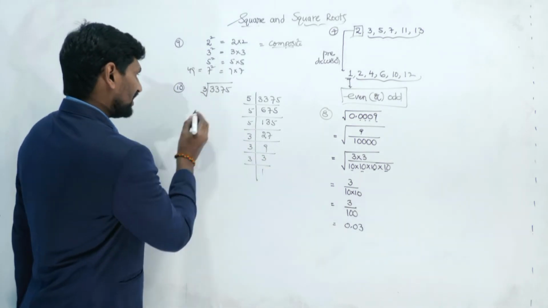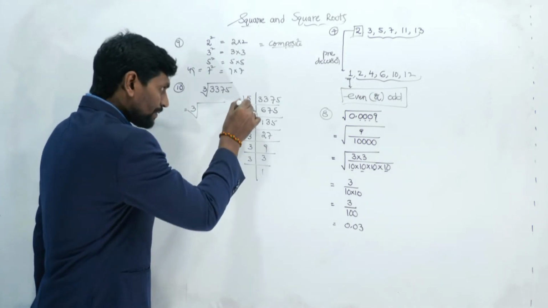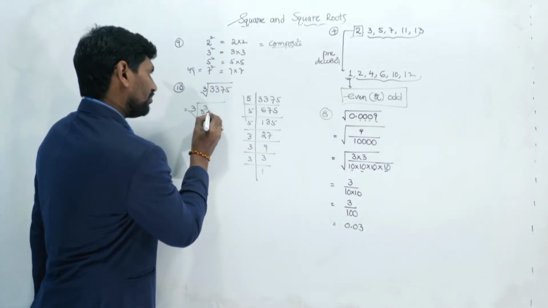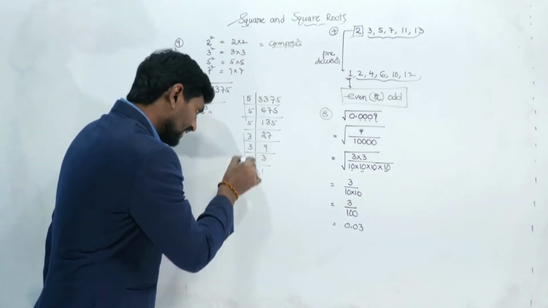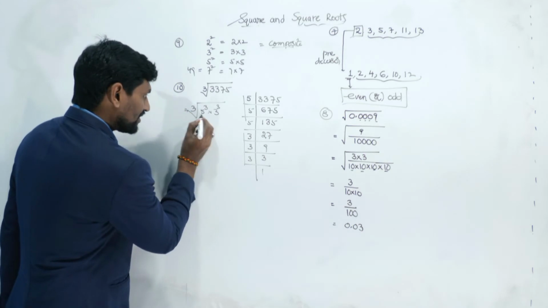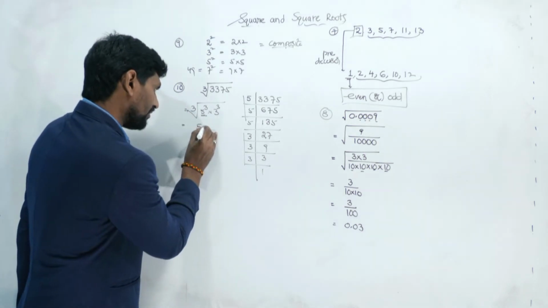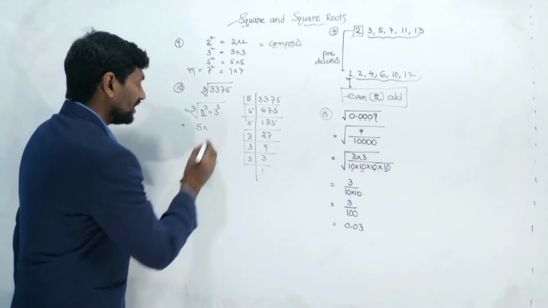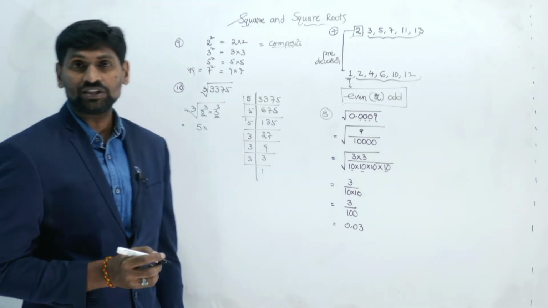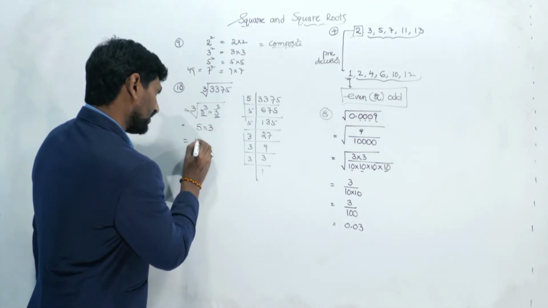So here in 3375, 5 is presenting 3 times, I can write 5 cube. 3 is presenting 3 times, I can write 3 cube. So cube root means from 3 same numbers, only one number will be the answer without the root. Here also 5 into 3, 5 3s are 15.